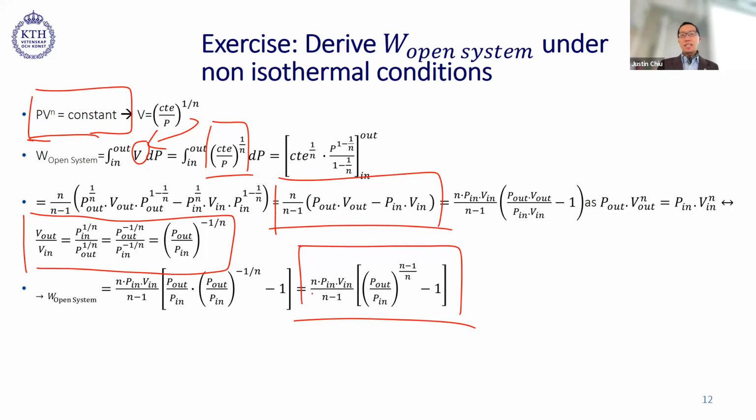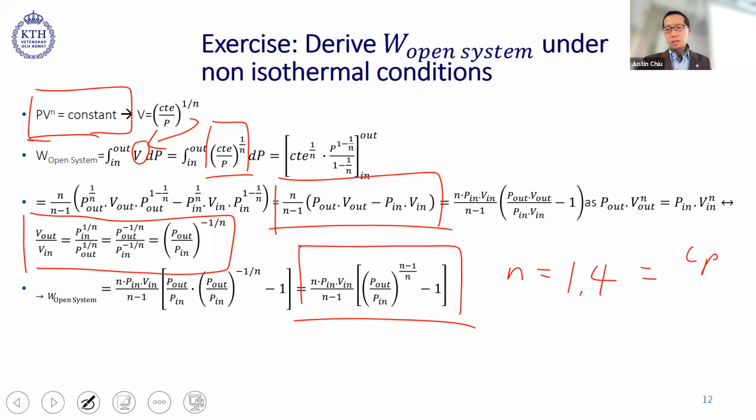But when we talk about the isentropic case, then for diatomic molecules, so for O2 or N2, it is 1.4, this n. So the ratio of Cp over Cv is roughly 1.4. When we talk about monoatomic, so helium, very stable gas, right?